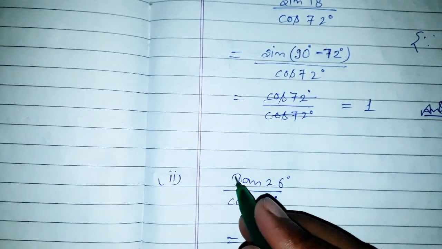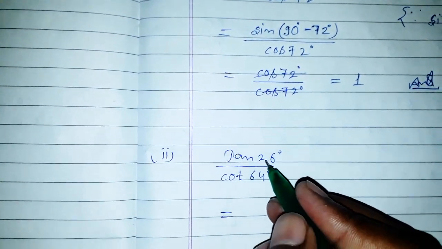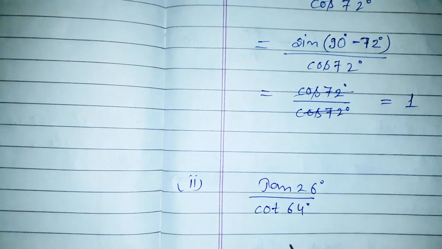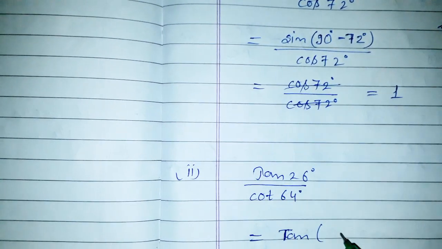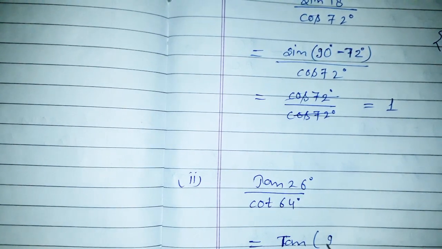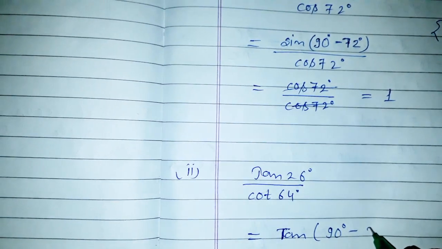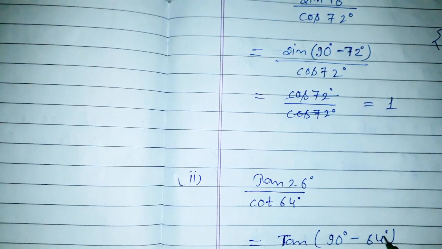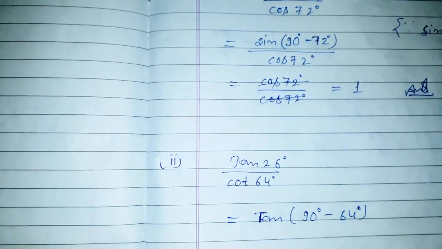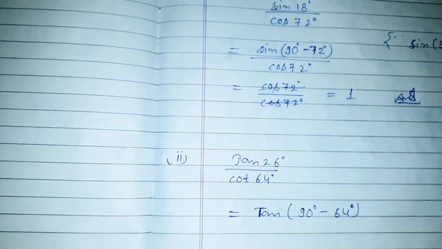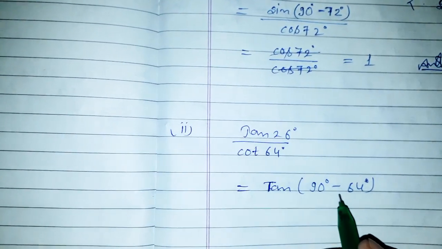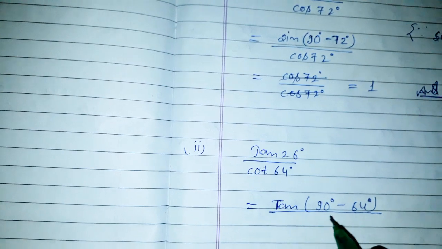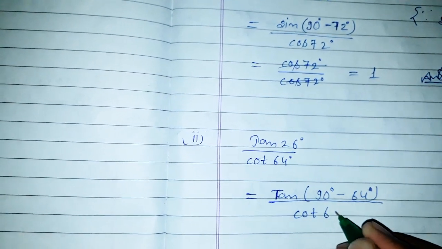We will write tan 26 degree in this form: tan(90 minus 64), because 90 minus 64 is 26, upon cot 64.